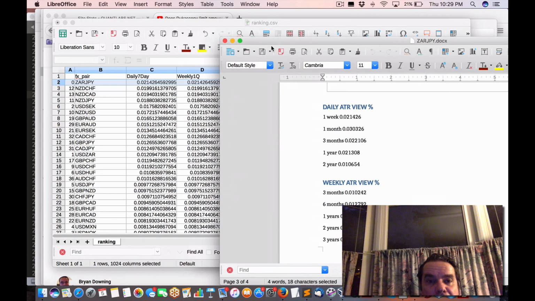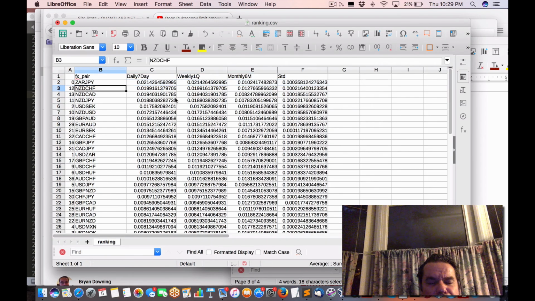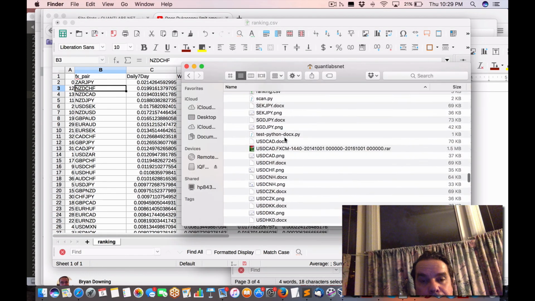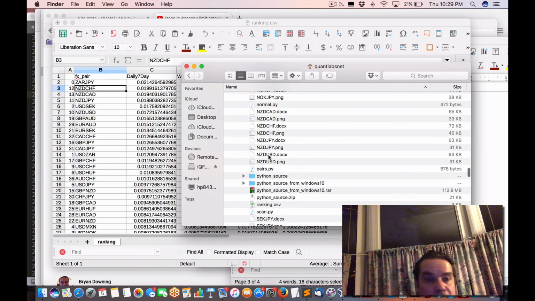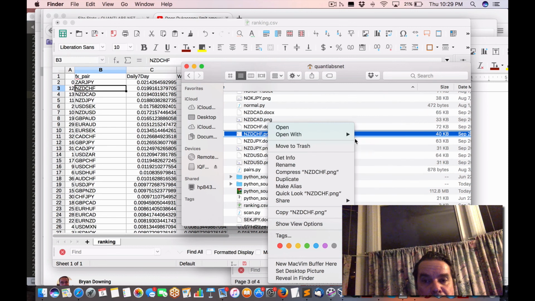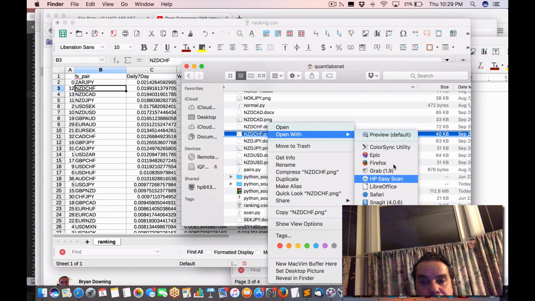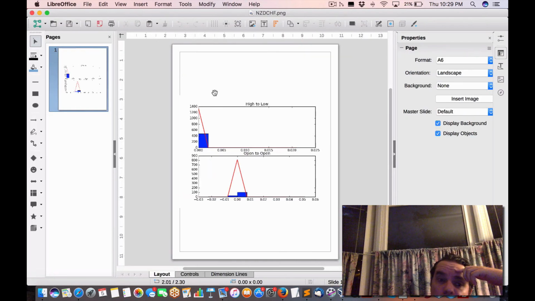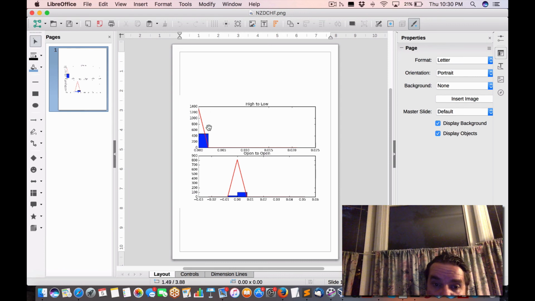Okay, so let me just pull up the next one of the New Zealand. Let's just do a comparison here. U.S. and the franc. Now again, this is assuming I don't have that these pairs have no. So it's a similar move, except the high to low is more close to 0 here.